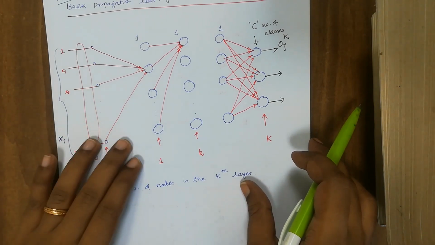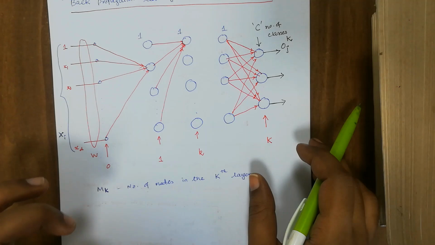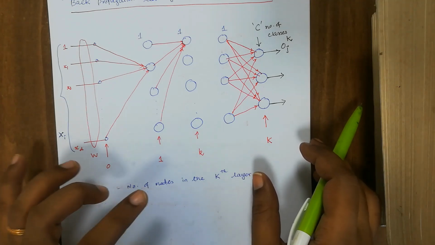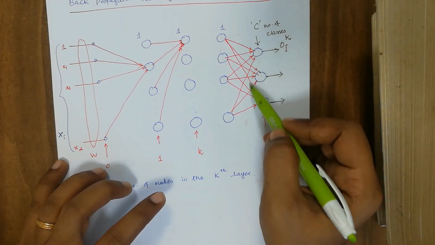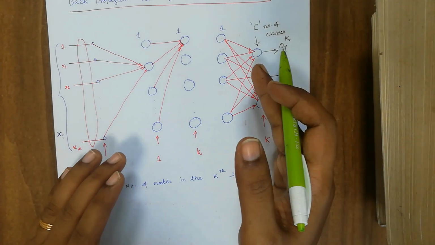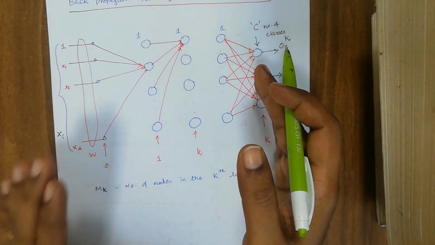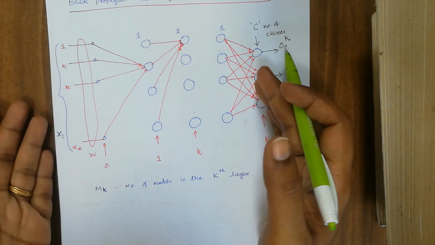And here note down, in the case of single layer single output and single layer multiple output, since there is only one layer, which is the output layer, there could be only one weight updation rule, which updated from the output layer to the previous layer.